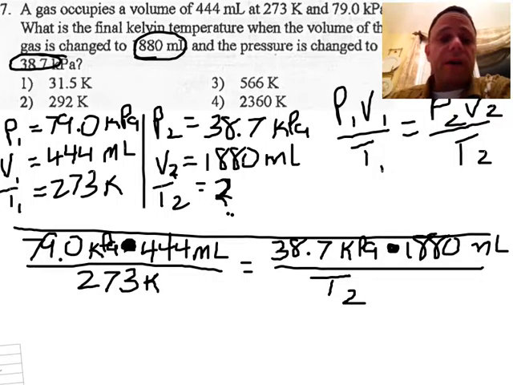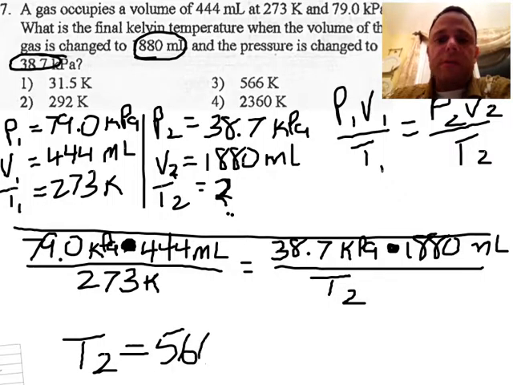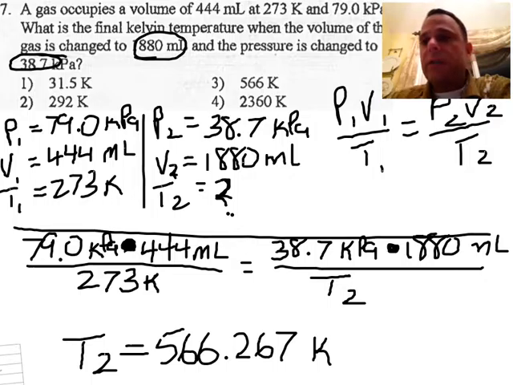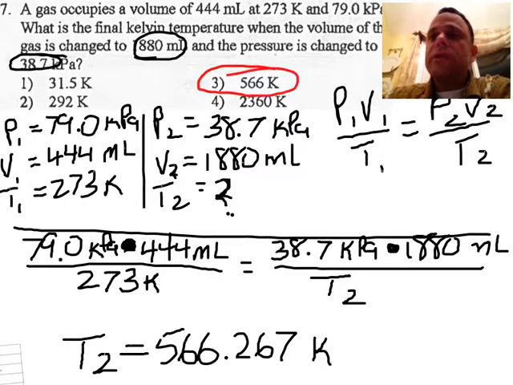Cross multiply and divide. Where this will bring you is T2 is equal to 566.267 Kelvin. Now the numbers did extend longer, but let's investigate the choices given to us. With the choices given to us, the only option that makes sense is choice 3.